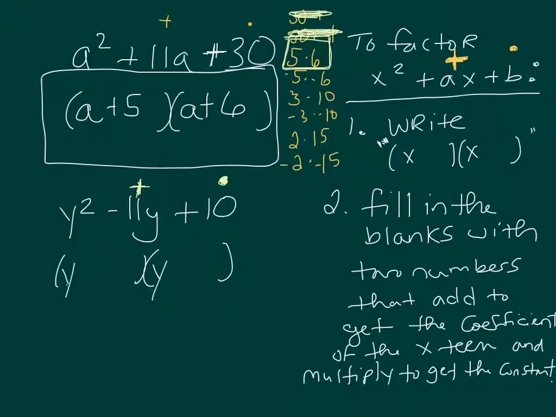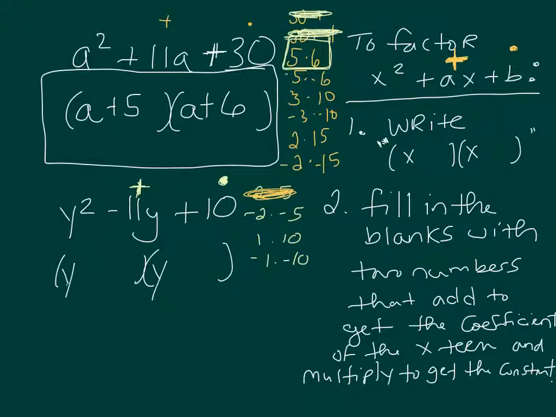So how can I get 10? I can get 2 times 5, negative 2 times negative 5, 1 times 10, negative 1 times negative 10. Those are all the ways that I can get 10 when I multiply. I think that might be it. So 5 plus 2 is 7. That's not going to work.